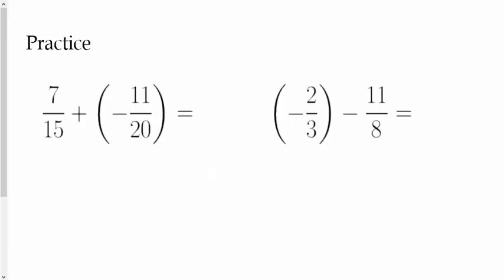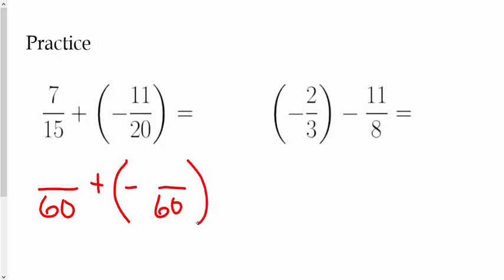All right, here's a couple for you to do on your own. Hit pause, do them, and then see if you get the same answer I do. All right, for the first one, 15 and 20, the common denominator for those is going to be 60. 15 times 4 is 60, 7 times 4 is 28, 20 times 3 is 60, 11 times 3 is 33.